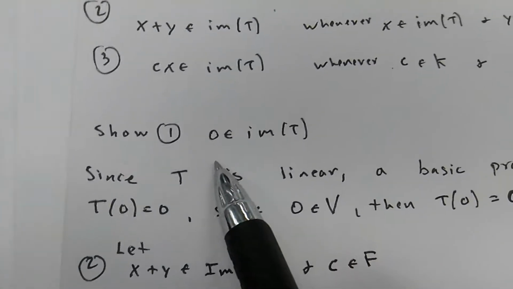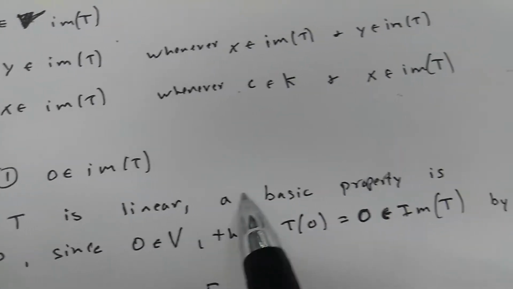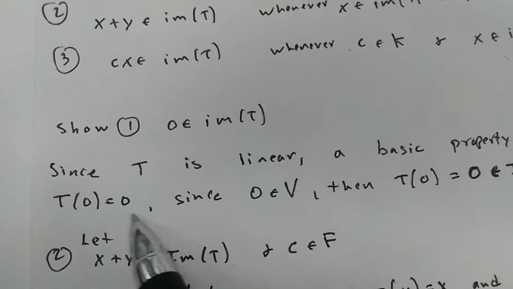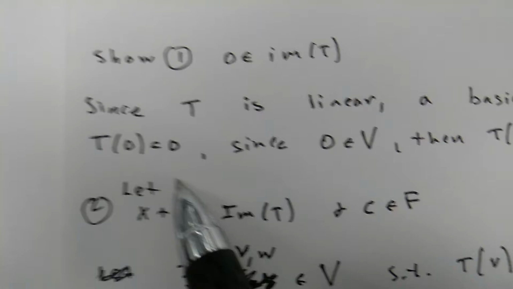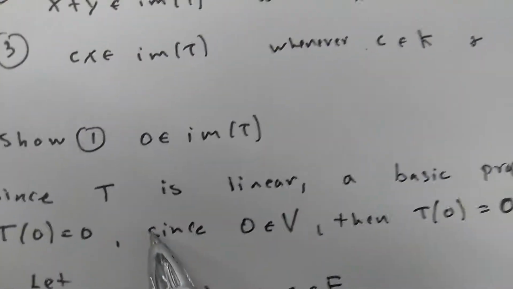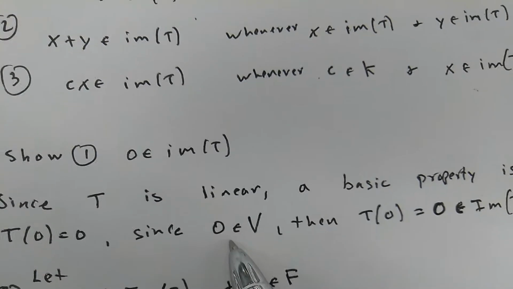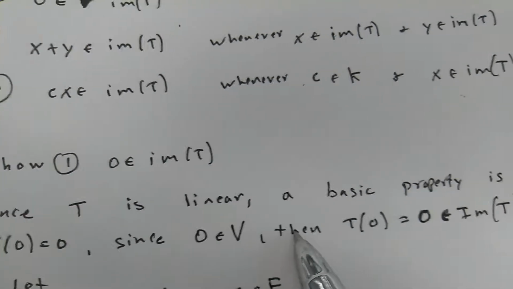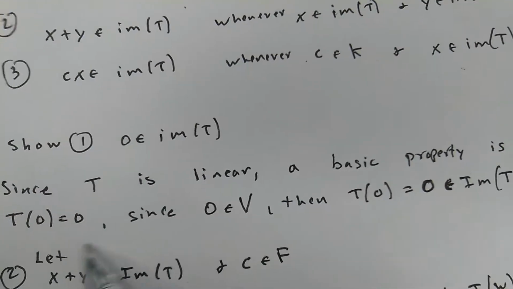So the first one, we're going to show 0 is an element of the image of T. Since T is linear, a basic property of linearity is this property, which is up here I wrote: the transformation of the 0 vector is equal to 0. So we're taking the 0 vector in V and applying the transformation to that 0 vector, and it's equal to 0 by this property.